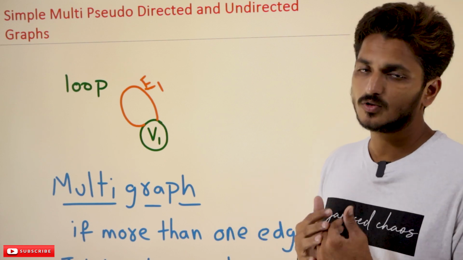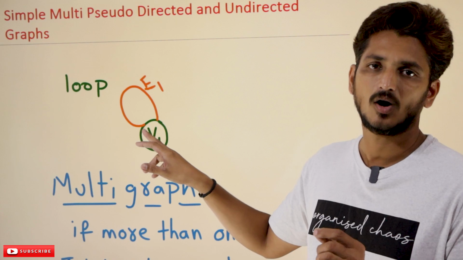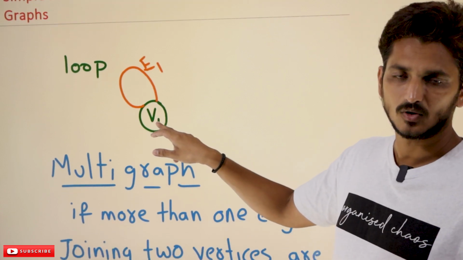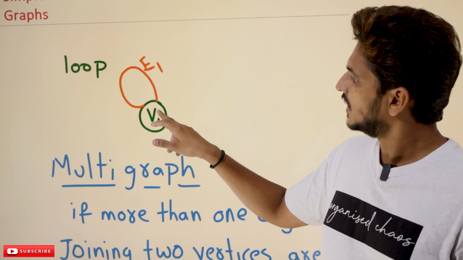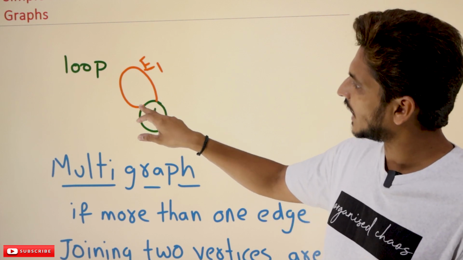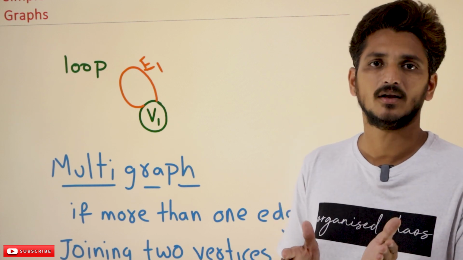Before we move on to the concepts, first we need to understand what is meant by a loop on the graph. Suppose you take a vertex v1, hoping that you already know what vertex and edges mean. On this vertex v1, we have an edge e1 that starts at v1 and ends at v1.